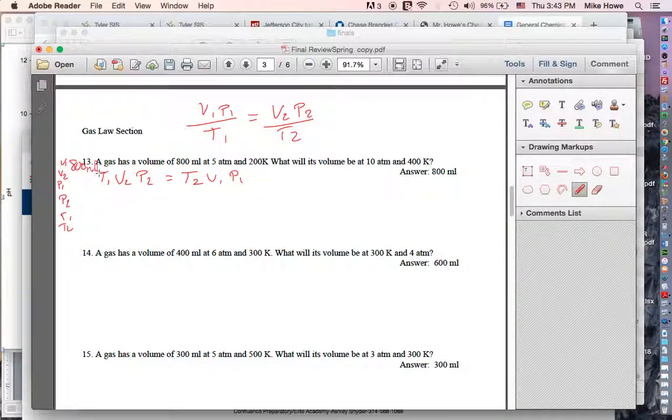You will need to know units of volume, units of pressure, units of temperature. Pressure 1 is 5 atmospheres. Pressure 2 is 10 atmospheres. And temperature 1 is 200 K. Remember, temperatures always have to be in Kelvin. And temperature 2 is 400 K.